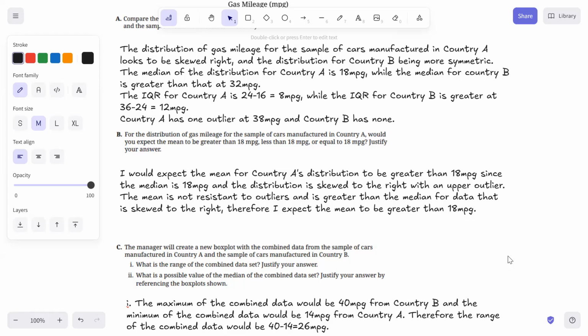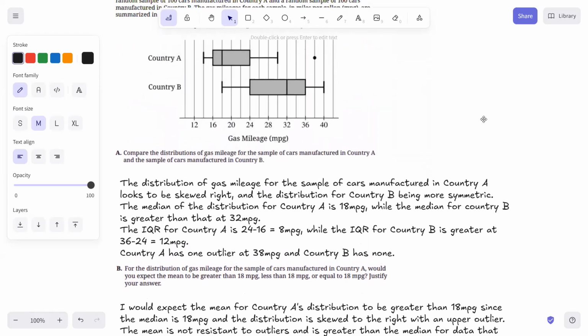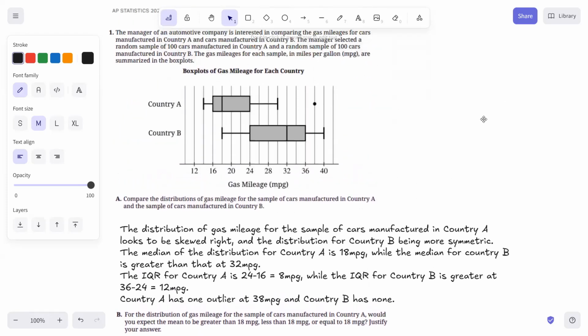Second part of problem C, what is a possible value of the median of the combined data set? Justify your answer by referencing the box plots shown. So if we look at the box plots here, we have country A and B. If you notice, country A, Q3, is at 24. So about 75 of the 100 values are less than or equal to 24.